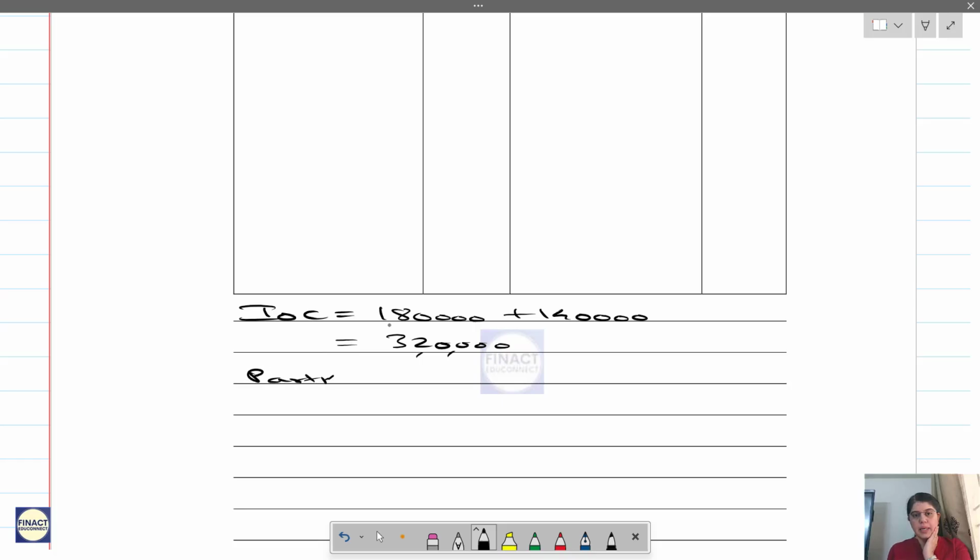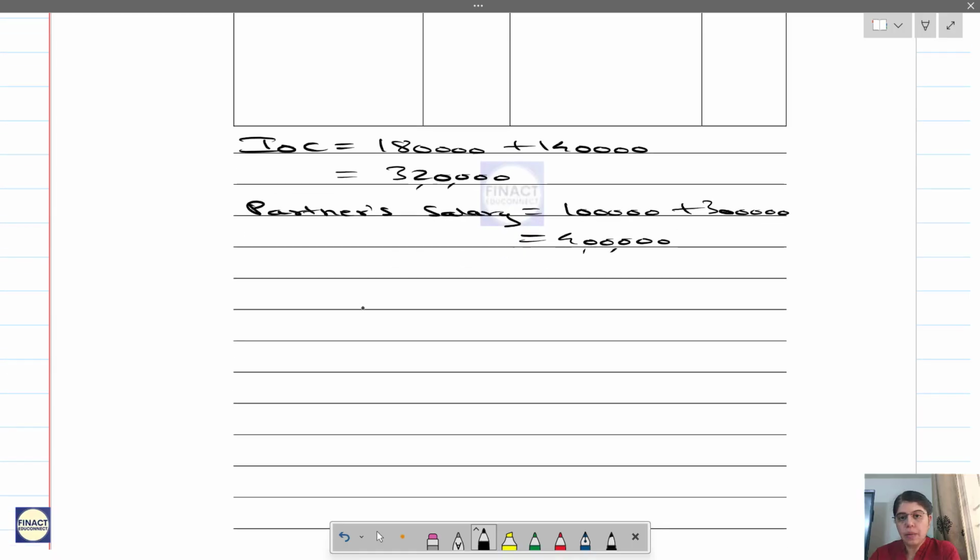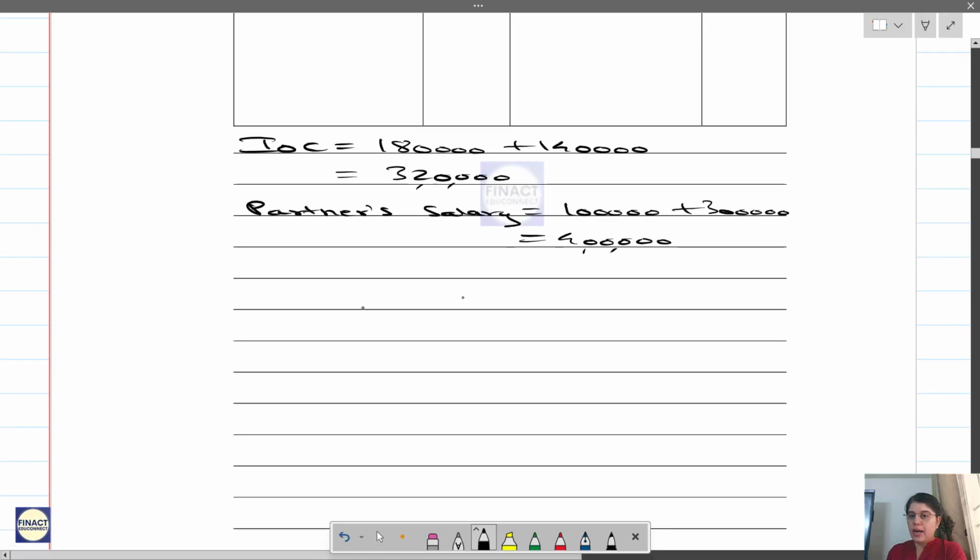And then how much is partner's salary? Partner's salary is 1 lakh for X and 3 lakhs for Y. So that comes to 4 lakhs. So if you see here, 4 lakhs and 3,20,000 both are greater than 5 lakhs, correct?